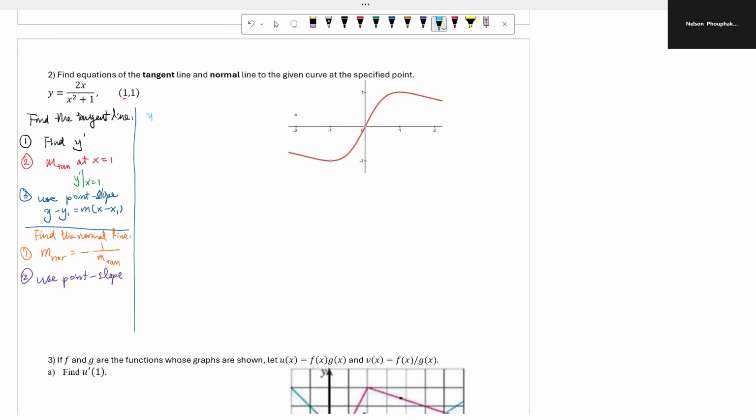So I will have y prime. Again, we take the derivative first. So I would like to take the derivative of 2x times x squared plus 1, then minus 2x times the derivative of x squared plus 1, then all over x squared plus 1 squared.